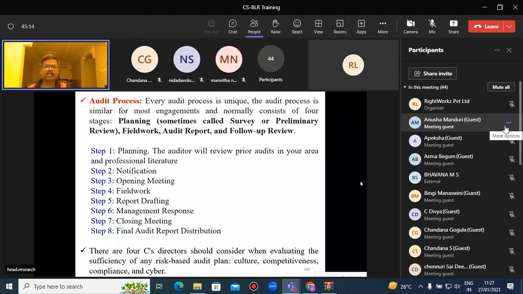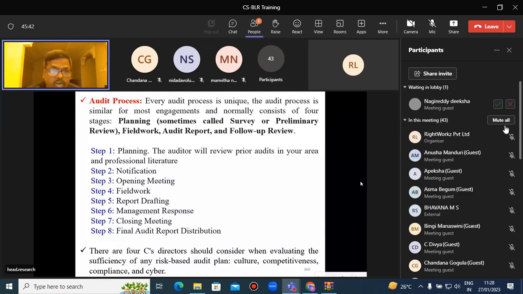Broadly they give 4 stages, but in detail the audit process consists of 8 steps. In planning, the auditor will review prior audits in your area and professional literature. That's why planning can be called a survey, review or preliminary review.